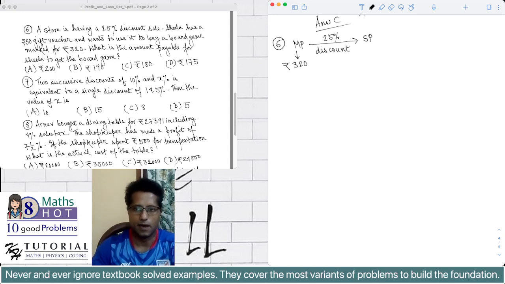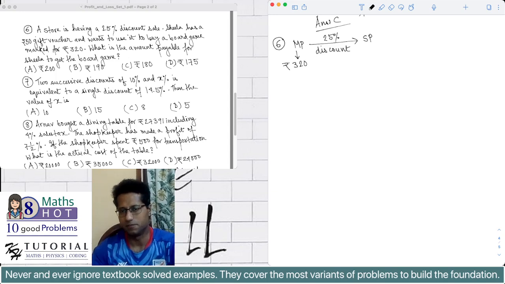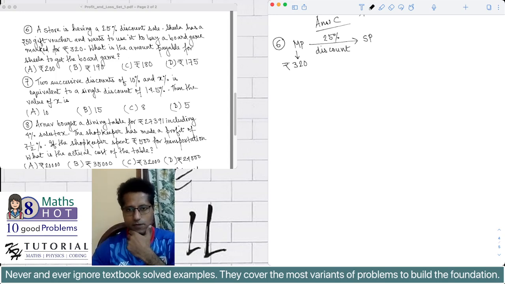The amount payable in general would be SP, but since Sheila has a 50 rupees gift voucher, she will pay 50 rupees less than the actual amount payable, which is SP. So let's first find SP.